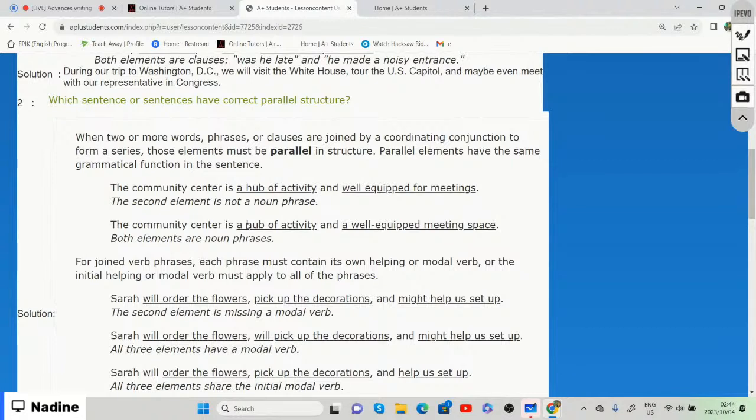If we look at how these two sentences are parallel in structure, we can say the community center is a hub of activity and well equipped for meetings. And then the second element is not a noun phrase. And then the second one is the community center is a hub of activity and a well equipped meeting space. Both elements are noun phrases.